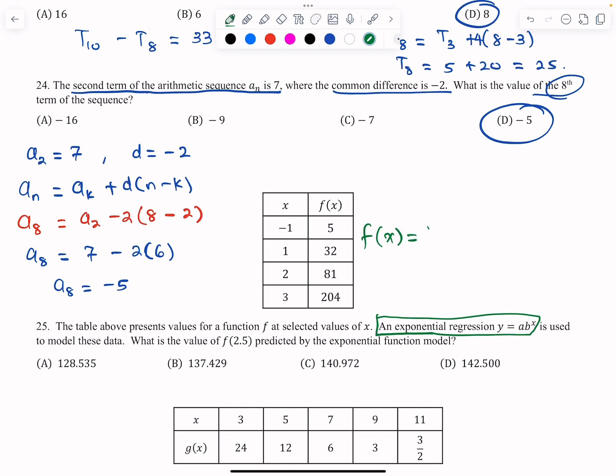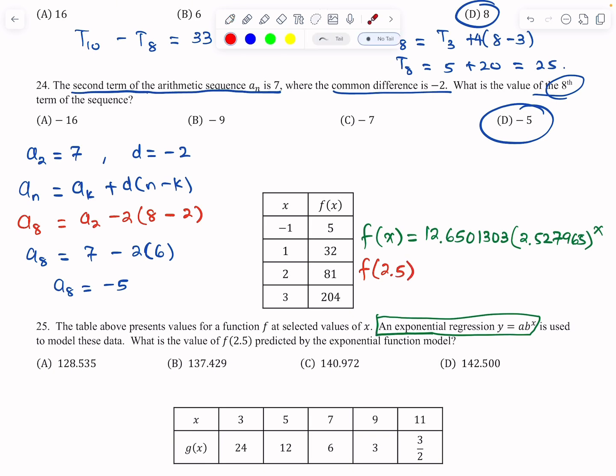So you're going to have 12.6501303, and then you multiply that by 2.52796 to the power of x. And then what the question is asking you to do is to find f of 2.5. So anywhere you see x, you substitute 2.5.